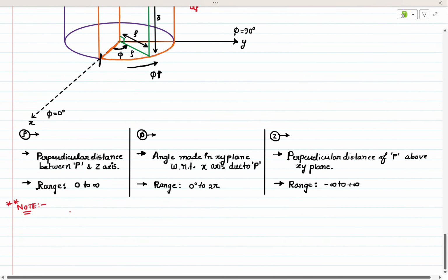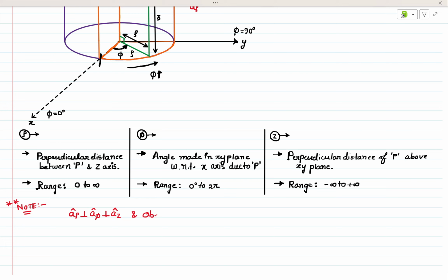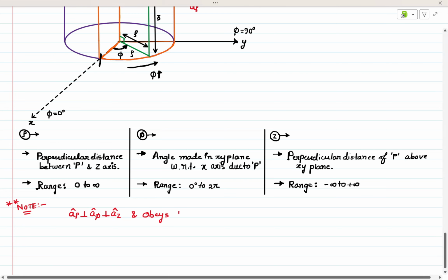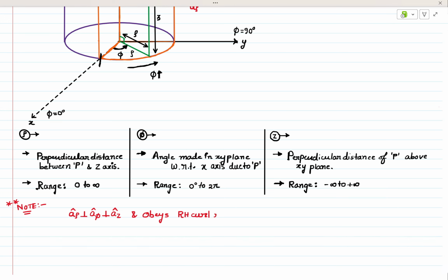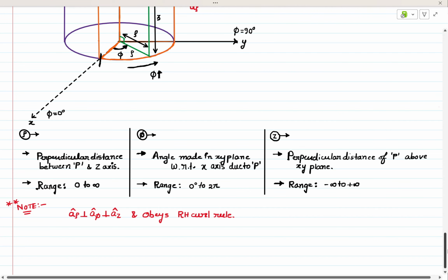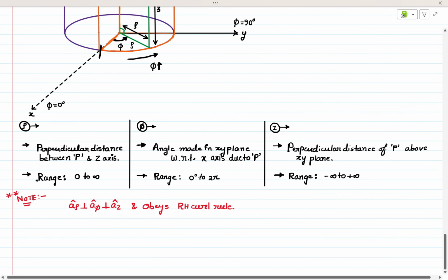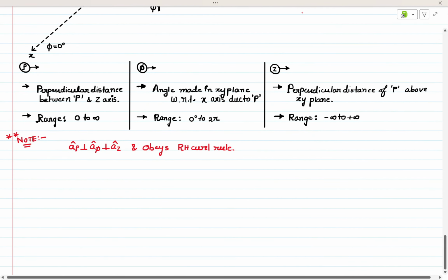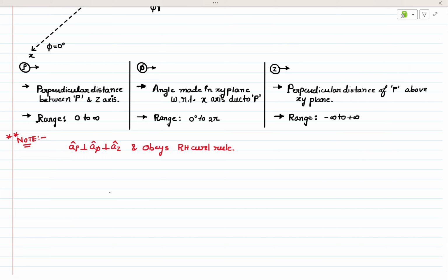That is, a rho is orthogonal to a phi, which is orthogonal to a z, and they obey the RH curl rule. Now, according to the RH curl rule, what will happen in this case? So let me draw the right hand first.